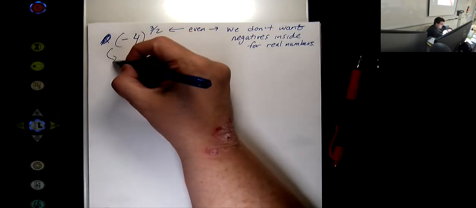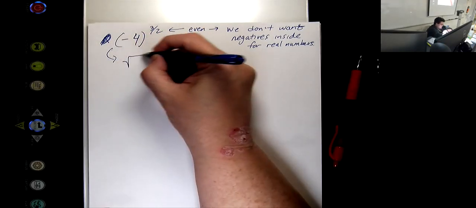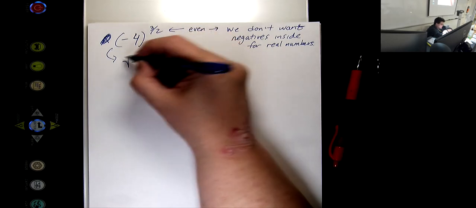Another way of rewriting this is the square root of -4 cubed.